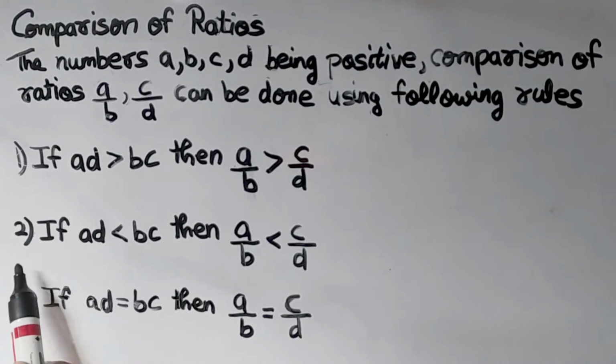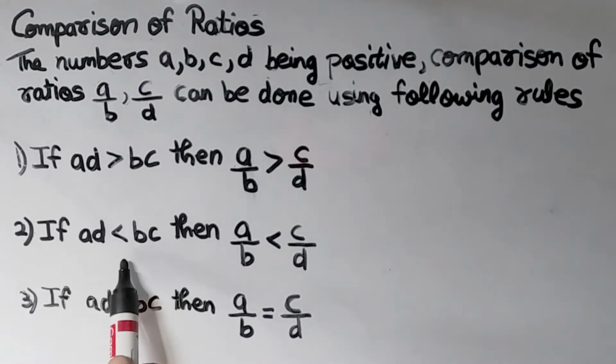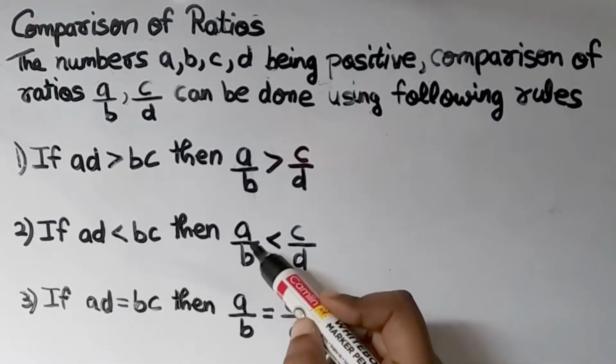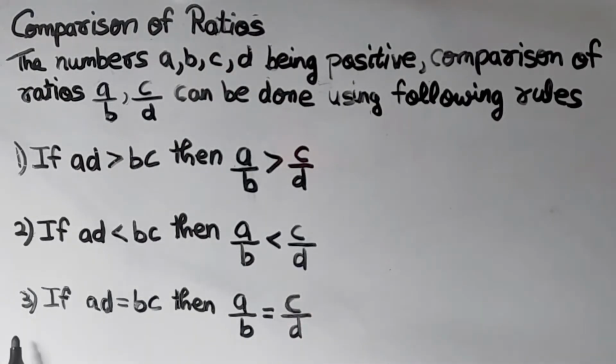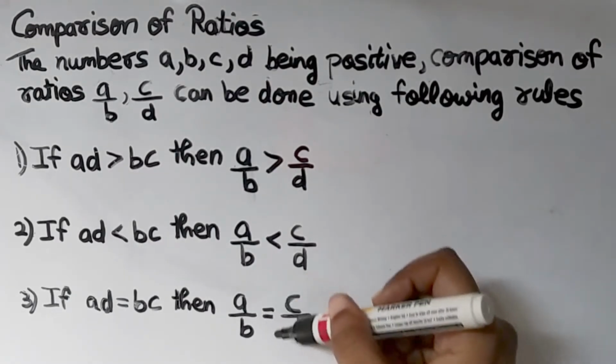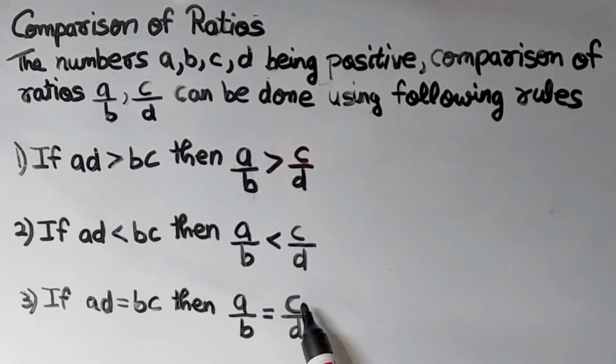Okay, the second rule, if AD is less than BC, then A upon B is less than C upon D. Now the third rule, if AD is equal to BC, then A upon B is equal to C upon D. Here also we will multiply AD and then we will multiply BC. If both are equal, then both the ratios, that is A upon B, will be equal to C upon D. Okay.